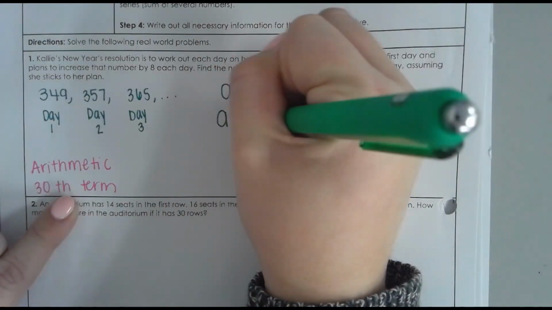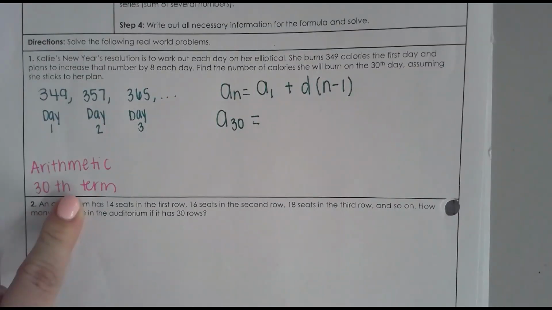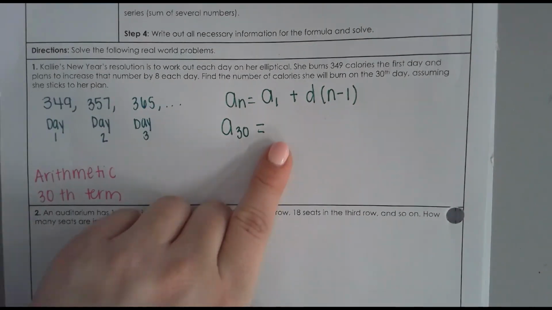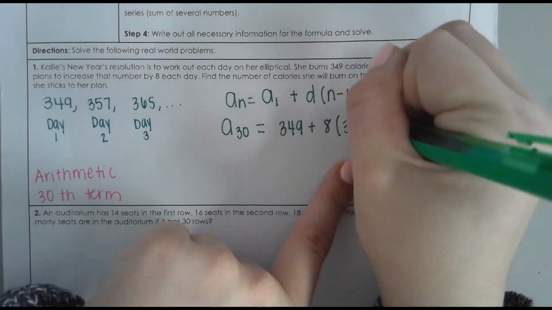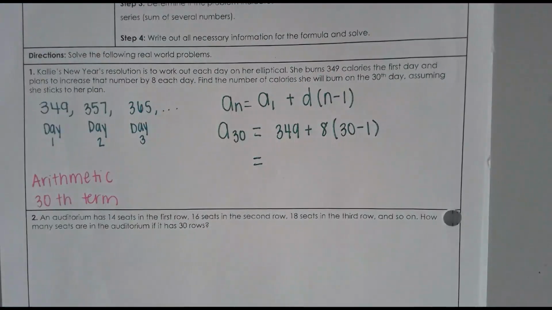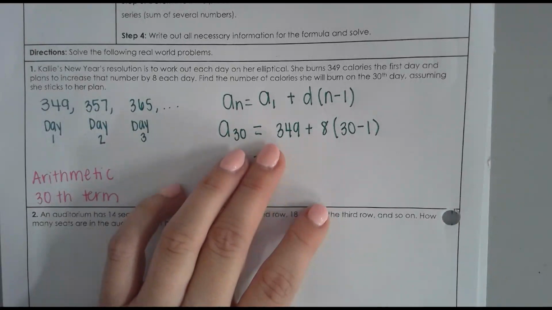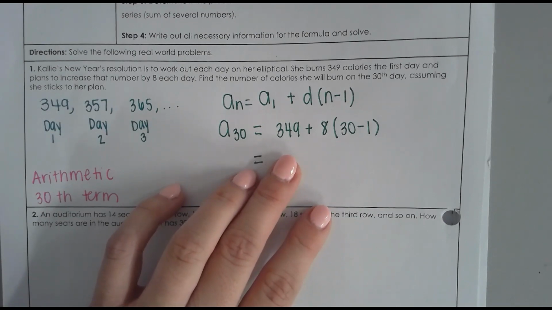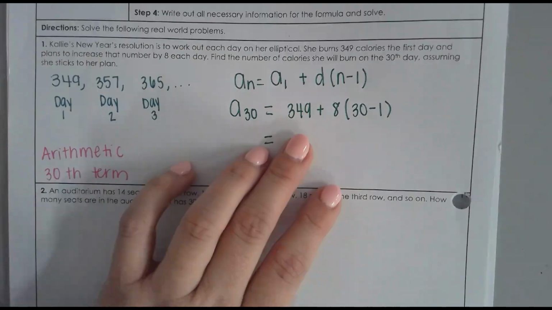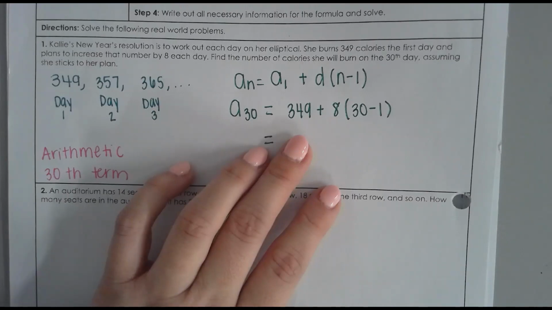I'm finding the 30th term, and then I'm going to plug in 30 for N, and then type that in your calculator. 349 plus 8 times 30 minus 1. The answer is 581.